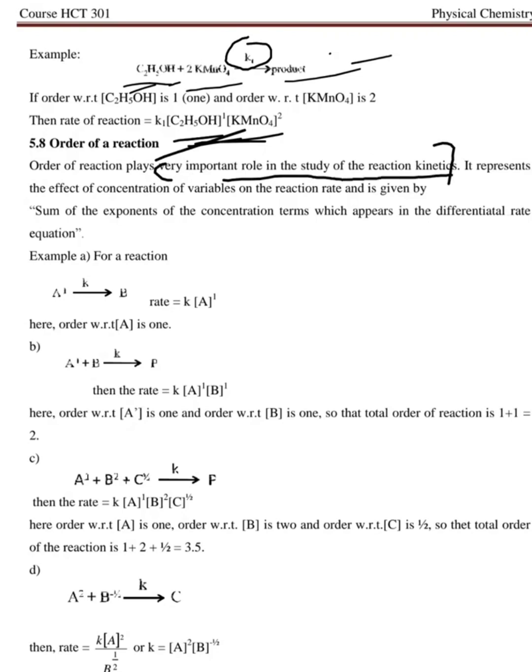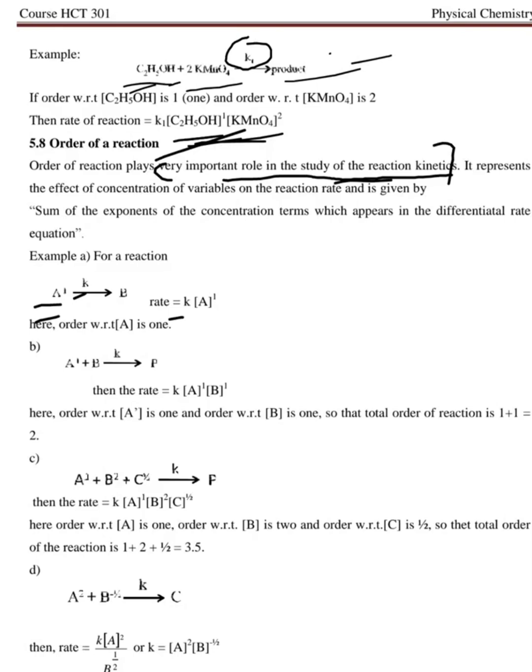The order of reaction plays a very important role in the study of reaction kinetics. For example, if A1 gives the product B, to calculate the rate constant, K into the reactant, how many moles of reactant are taken, A1. This is the rate constant or rate of reaction.